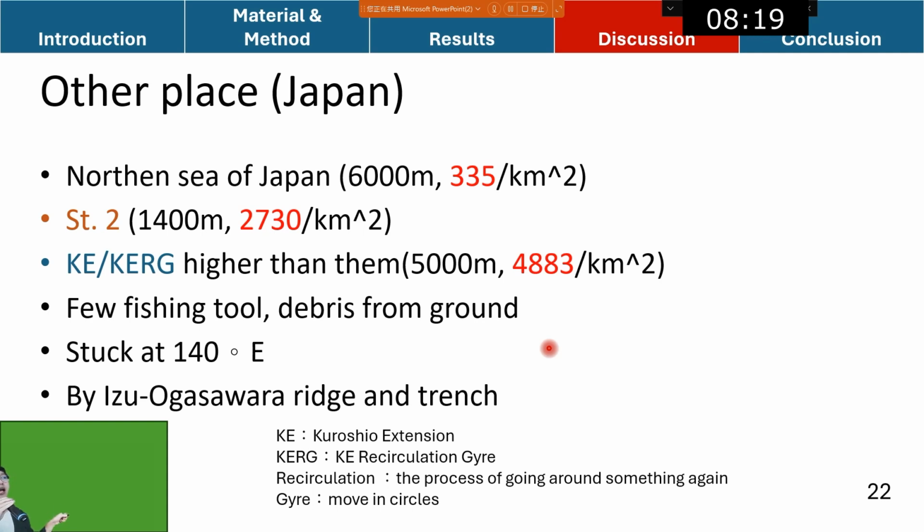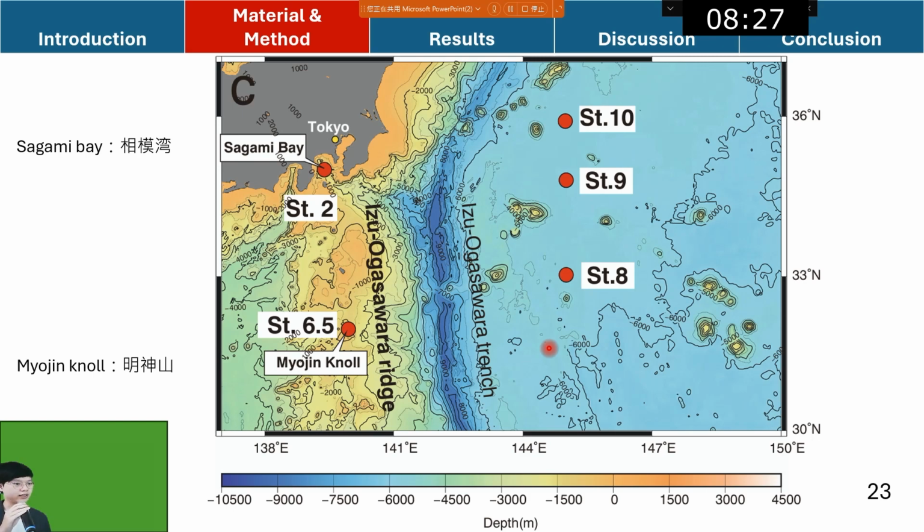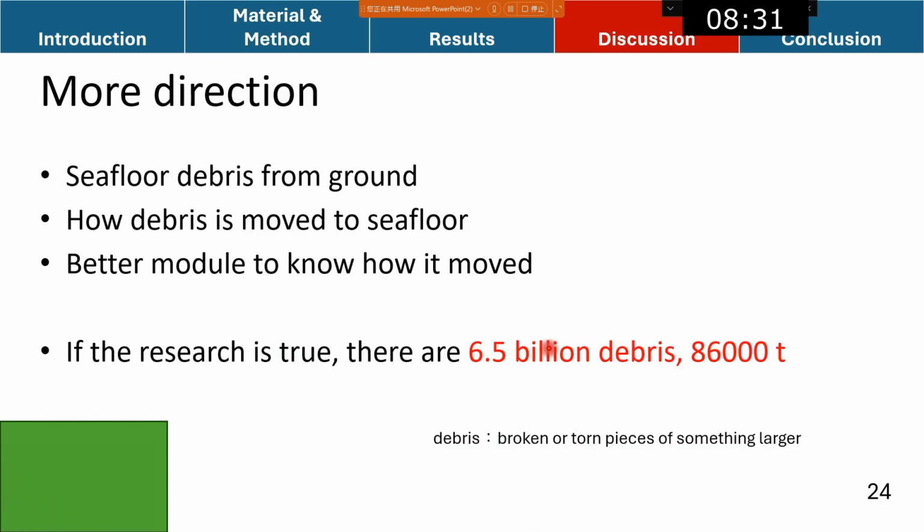The model shows that the particles get stuck at 140 degrees E. So we see the map. We think it's caused by the Izu-Ogasawara Ridge and Trench. It's here, the Izu-Ogasawara Ridge and Trench. So there is more direction we could analyze.